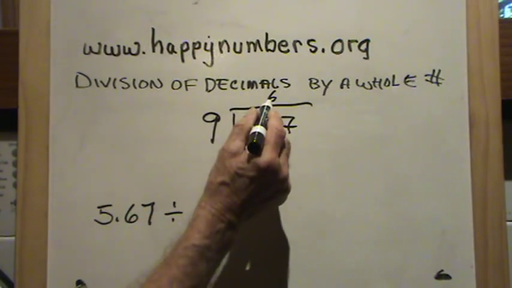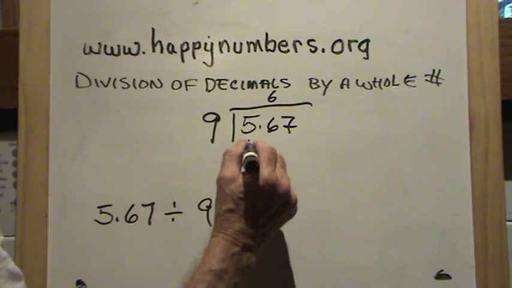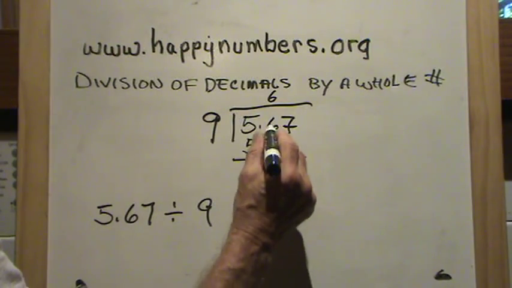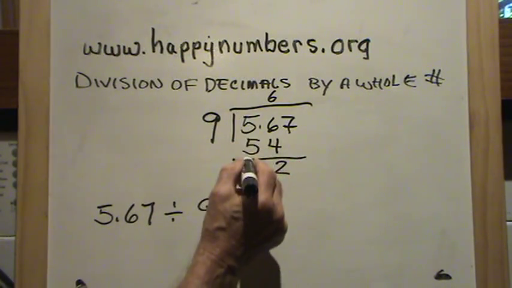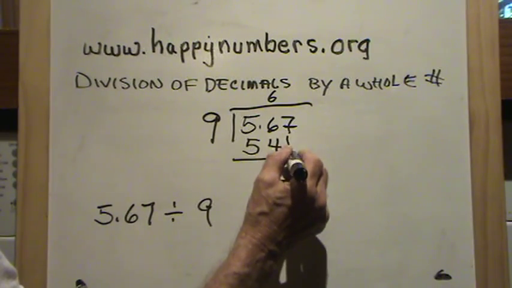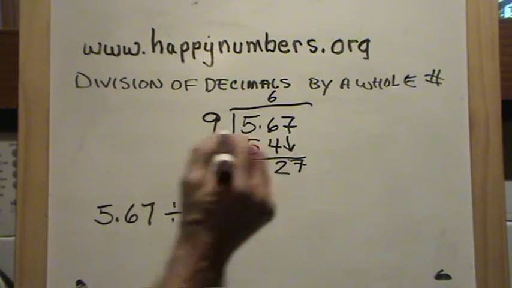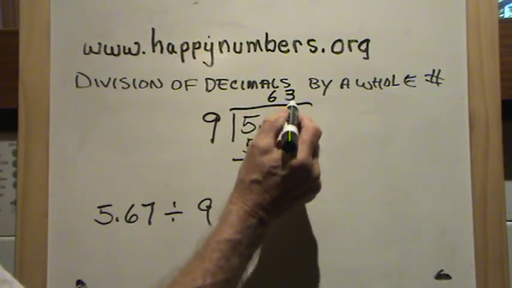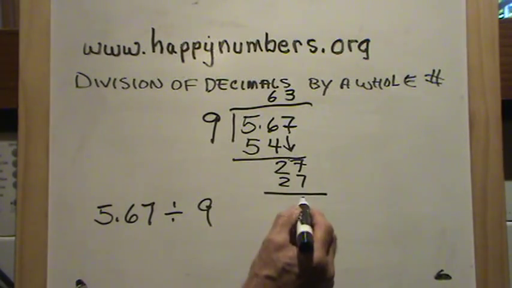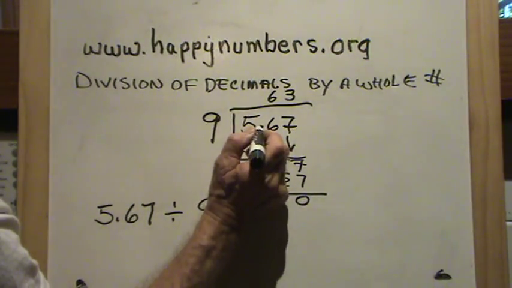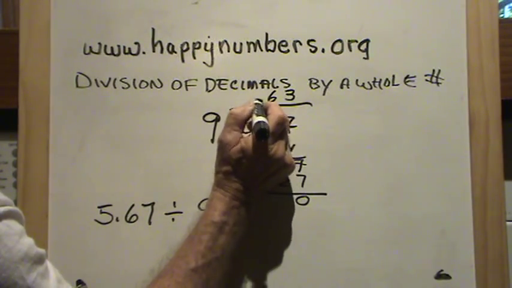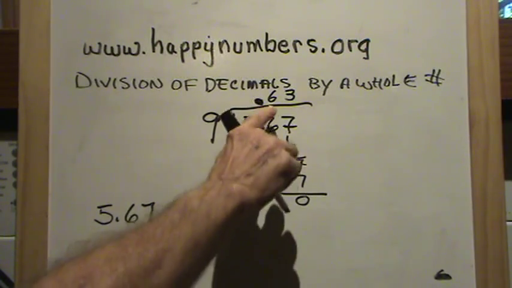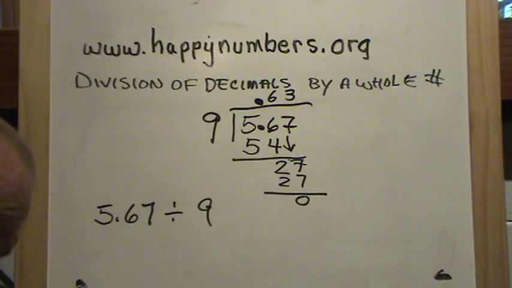We multiply. 6 times 9, 54. We subtract. 6 take away 4 is 2. 5 take away 5 is 0, so we don't have to put the 0 there. We bring down the 7. And we divide. 9 goes into 27 3 times. 3 times 9 is 27. We have 0, and so the problem is done. And then all we have to do is bring our decimal up into our answer. So 5 and 67 hundredths divided by 9 is equal to 63 hundredths.